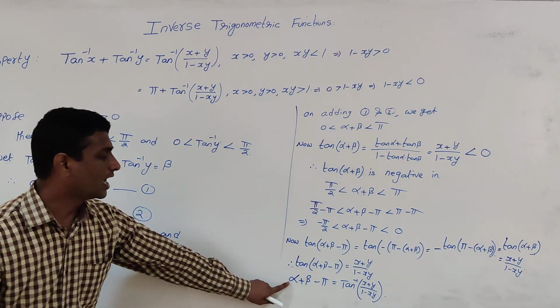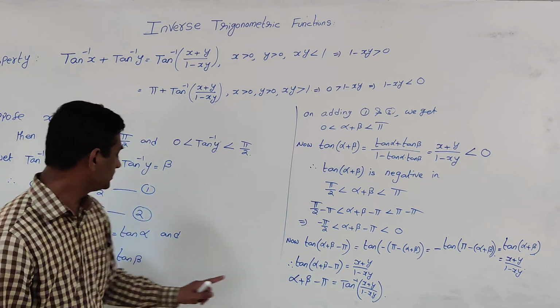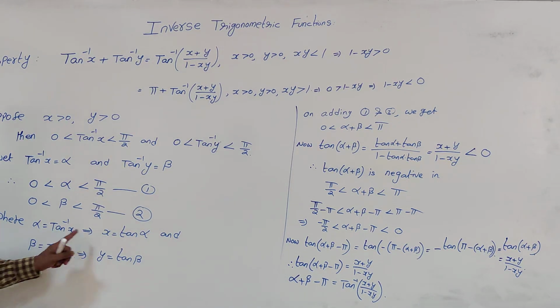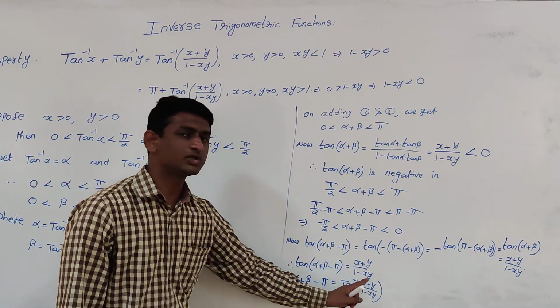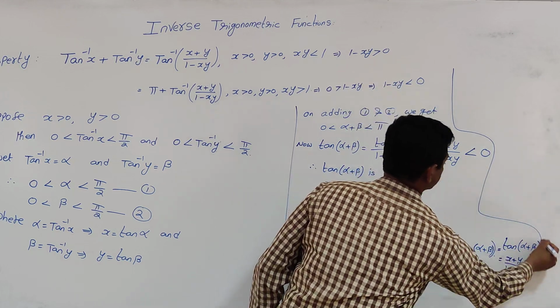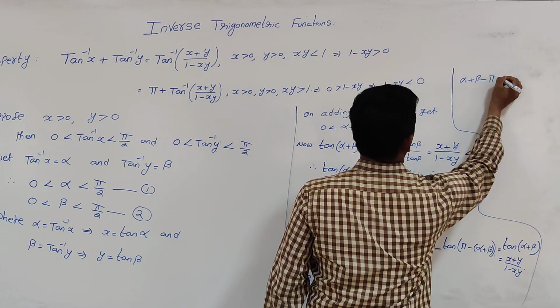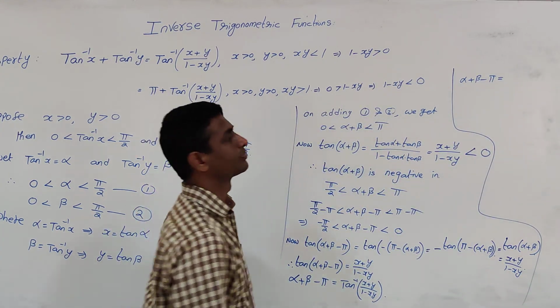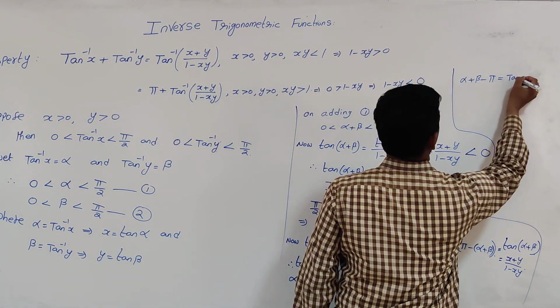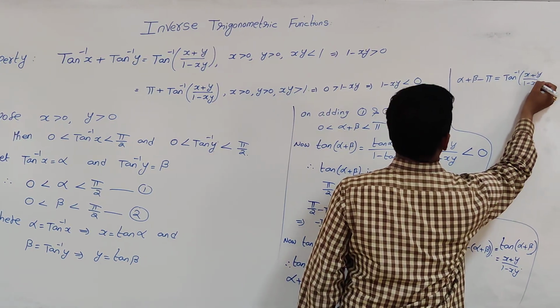But what is alpha and what is beta? Alpha is tan inverse of x, beta is tan inverse of y, and take this minus pi to the right hand side. So what happens? Alpha plus beta minus pi, again I am writing this step, is tan inverse of x plus y by 1 minus xy.